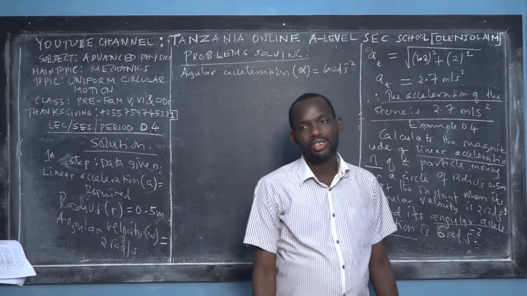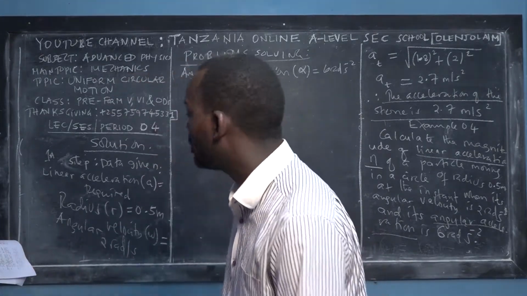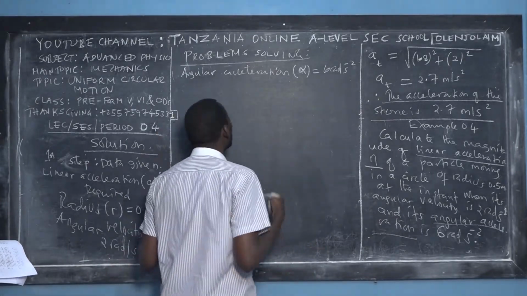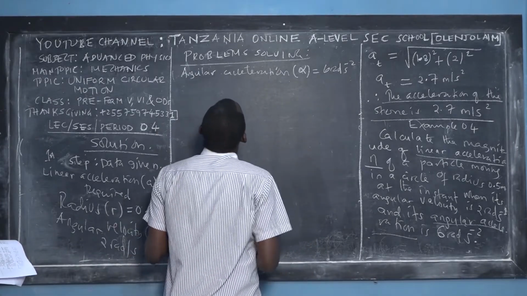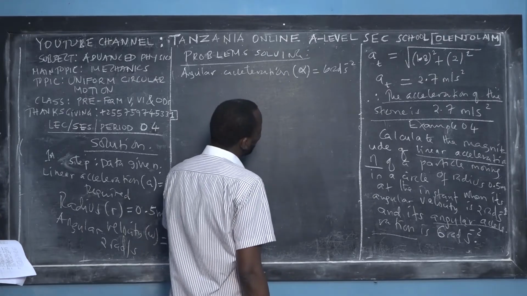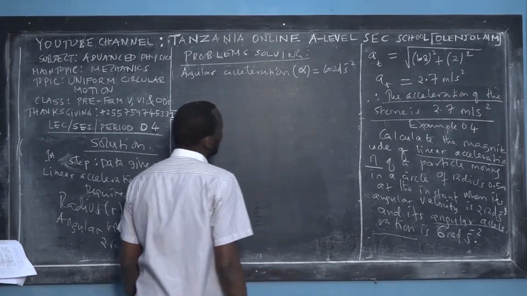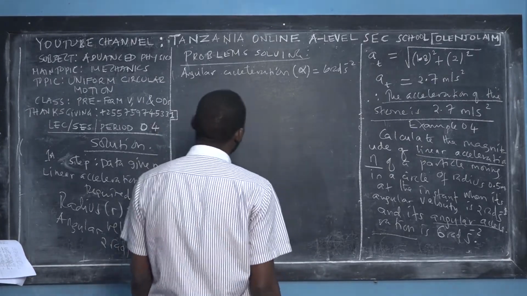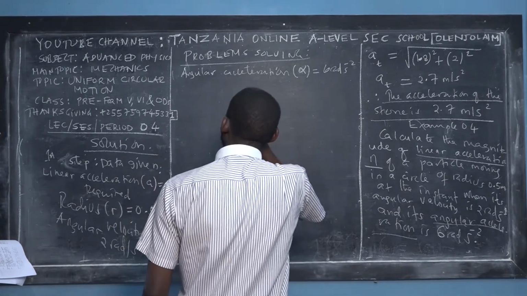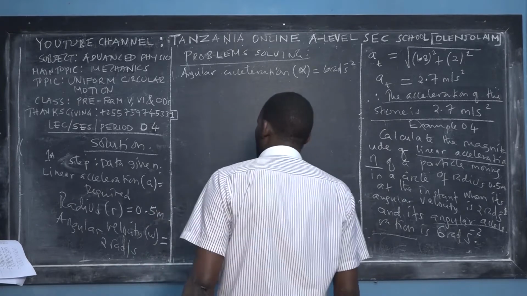The first one is tangential acceleration, and the second is centripetal acceleration. Always in circular motion, regardless of how the question is asked, you should know whether that physical quantity is constant or not.